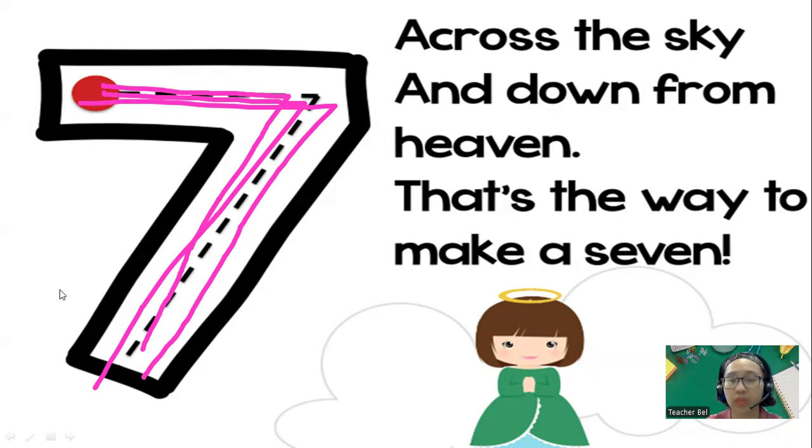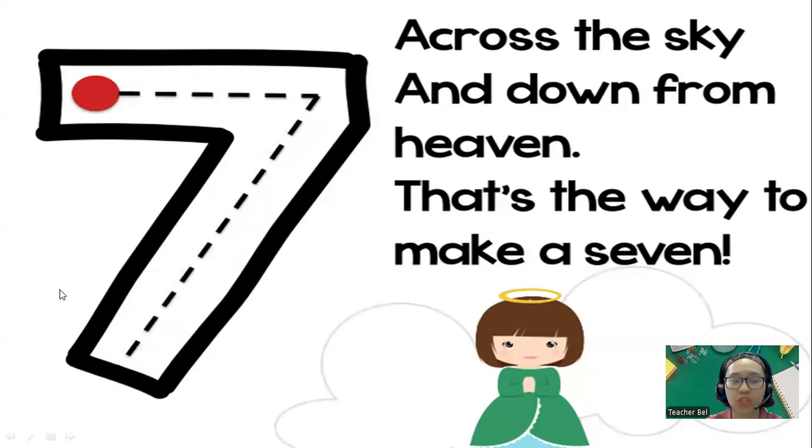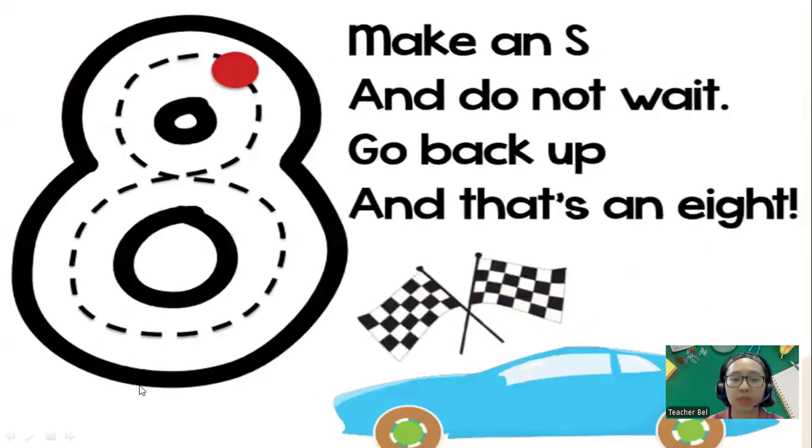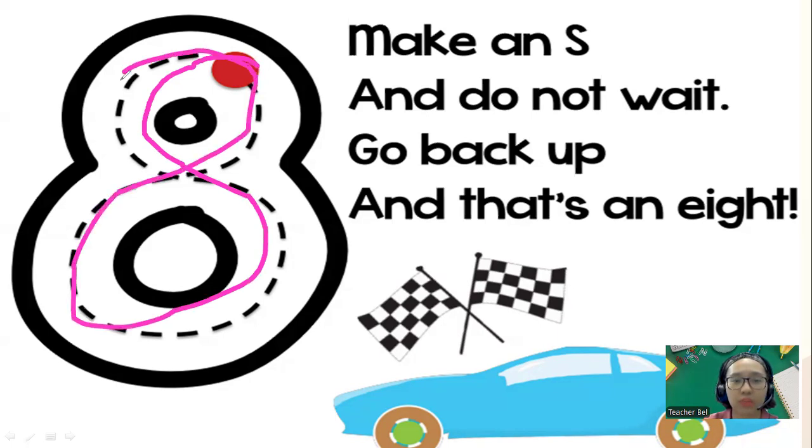Okay, now that we're done with 7, let's jump to another number. The next number that we can also do is the number 8. How do we make an 8? You make an S and do not wait.